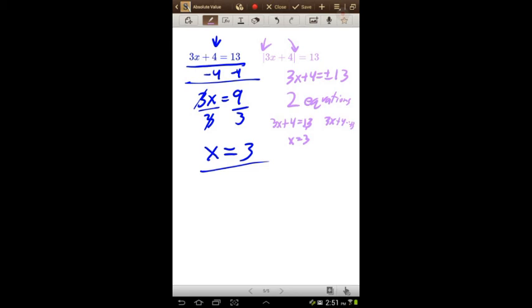Cannot stress that enough. That's what you need to be sure to prepare for when it comes time for quizzes. If it's just a regular old equation, solve it, be done with it. If it's an absolute value equation, it could take on the two values, the positive or the negative. You have to write two equations, then you solve it. All right?